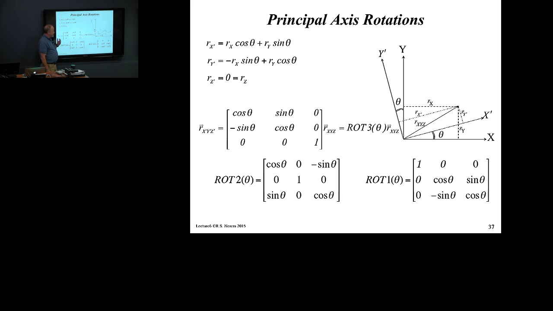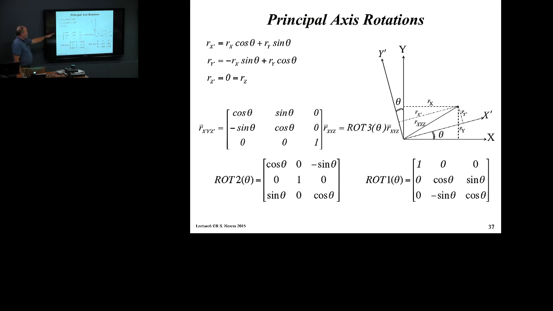And we're doing a rotation about z, and because we're going to do other rotations about other axes, we're going to call the axes 1, 2, and 3 for x, y, and z. So this is a rotation about z. We're going to call that matrix Rot3. So this whole matrix here is a rotation matrix we're going to call Rot3. Its argument is theta, whatever the rotation is, and you multiply that times the vector in the original Cartesian frame.